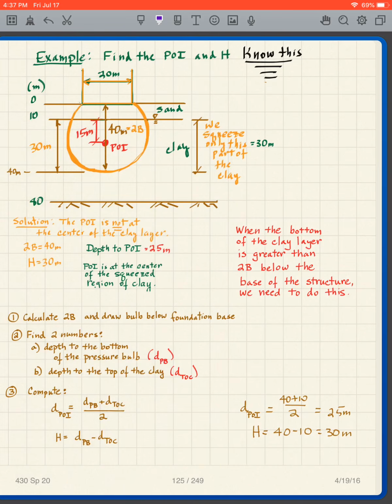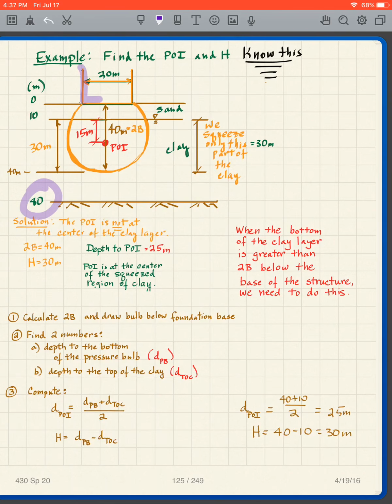Okay, I want to introduce another concept: what happens if we have, for instance, a very deep clay layer. In this particular case, my clay layer is 80 meters down, or is at a depth of 80 meters.